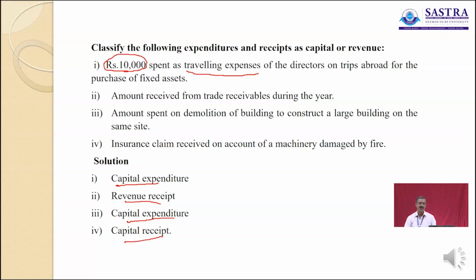Insurance claim received on account of a machinery damaged by fire. It's a kind of receipt we have received as the insurance claim because the machinery got damaged due to a fire accident and fire claims were lodged. Out of such fire claim, what we have received is treated as capital receipt.